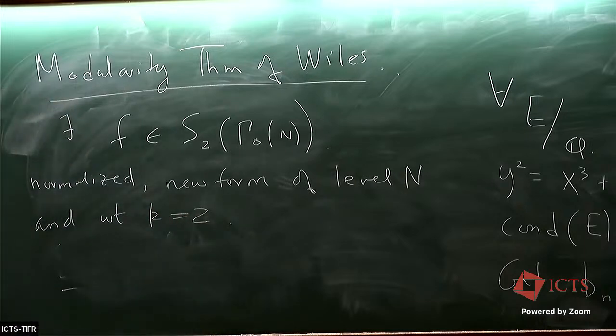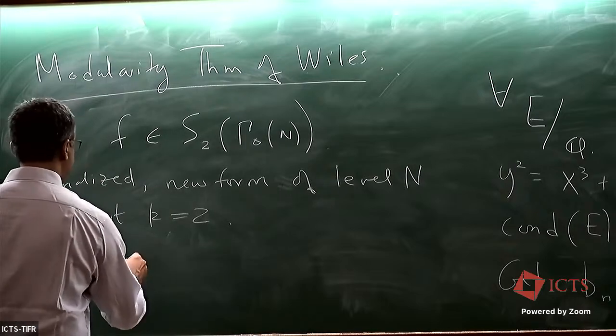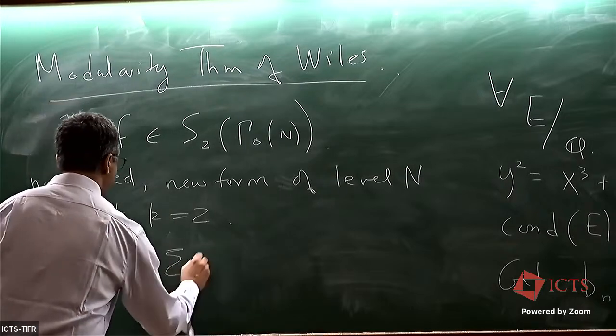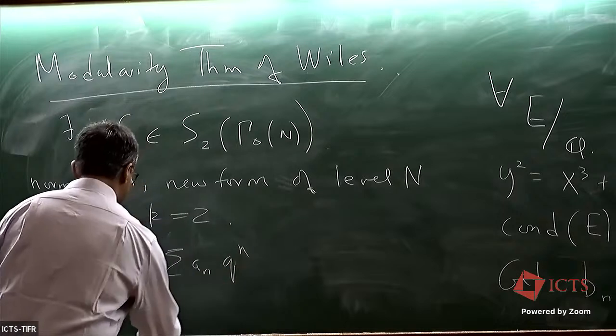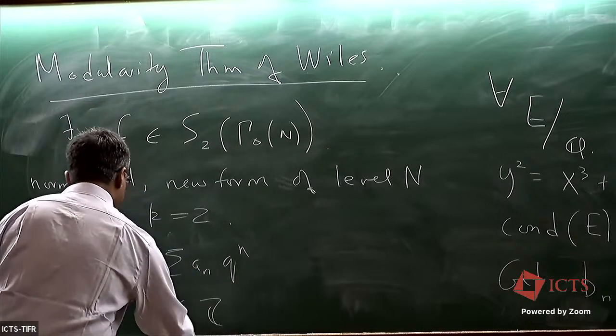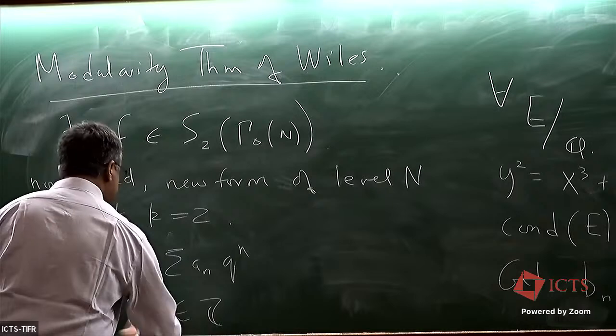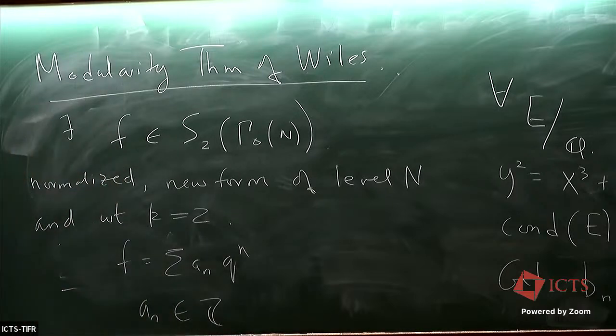Such that, as soon as you have f, you get a q-expansion. So you get the a_n, and the a_n turn out to be integers, in Z. As we were saying right at the beginning, modular forms are interesting for number theorists because for modular forms with good properties, the Fourier coefficients are actually integers.